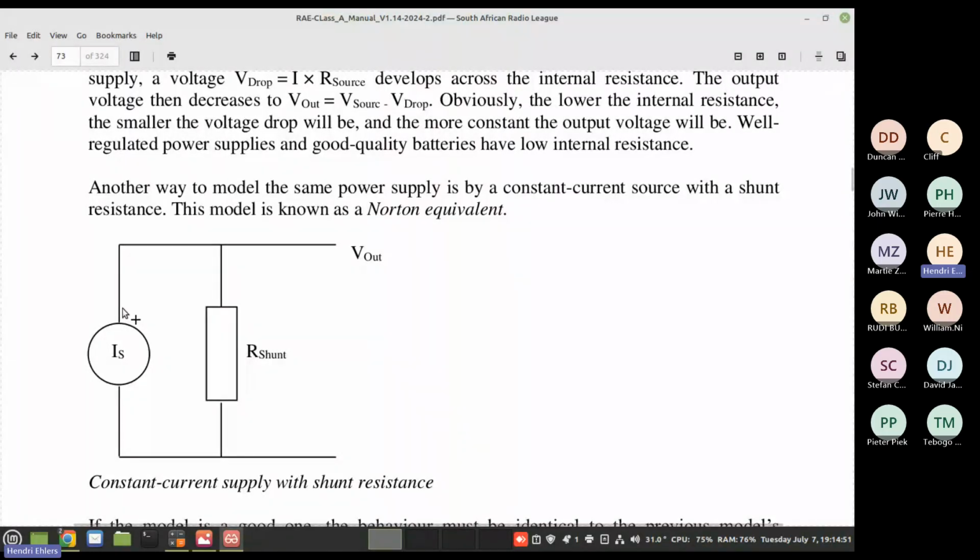But because of the internal resistance, the moment your current increases here, the voltage will vary over here.